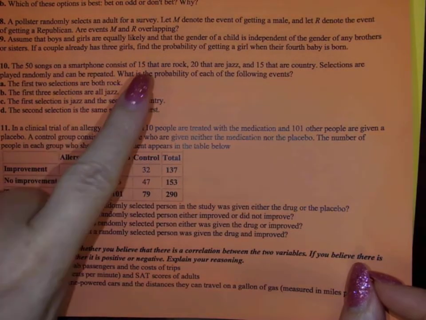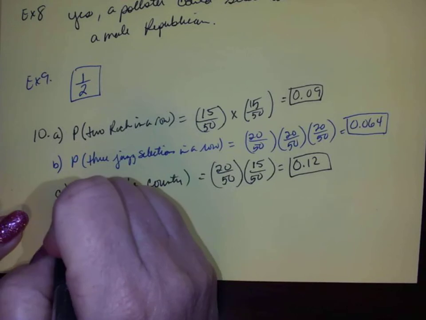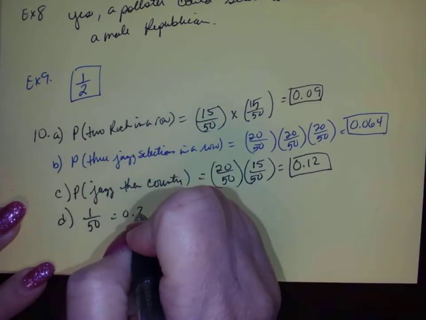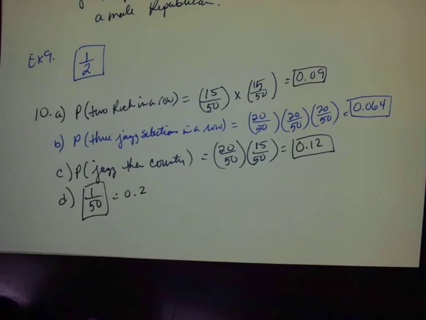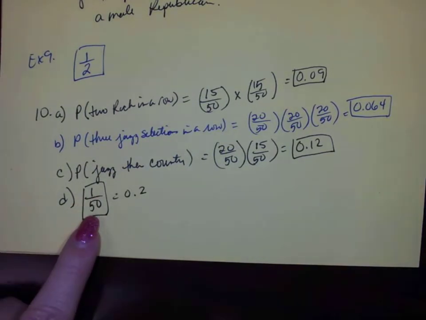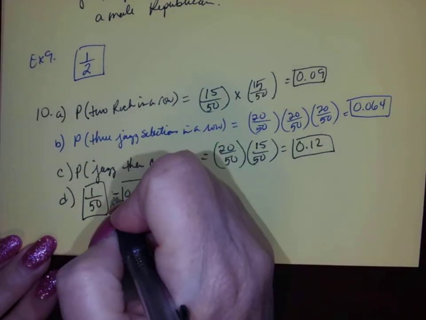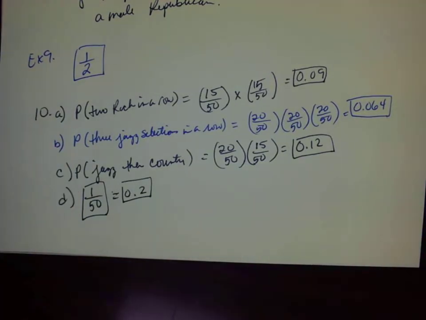So we're looking at one song out of a total of 50. So for part D, it will be 1 out of 50, which is 0.02 if we're looking for decimals. Okay? So 1 out of 50. Or you could, because the others, we took it to decimal places, you could do 0.02. Either one. So each song has that same probability of being played. There's 50 songs, 1 out of 50 chance.